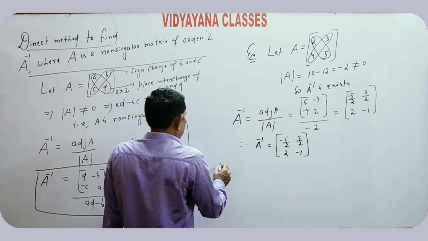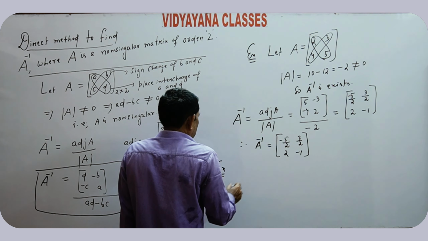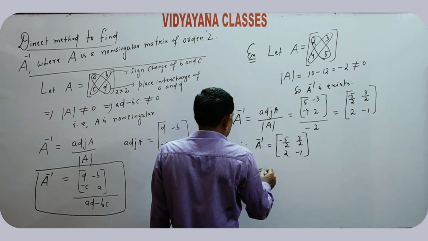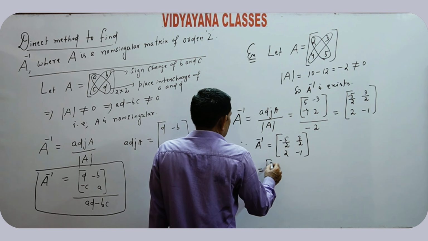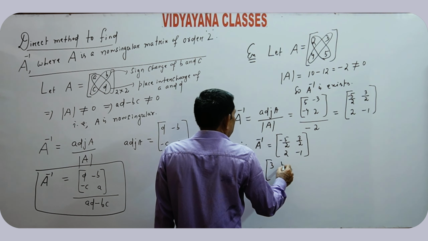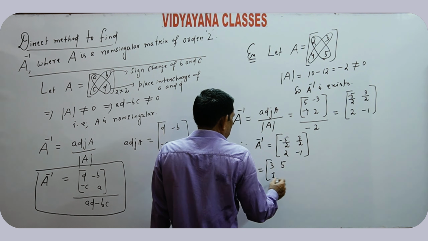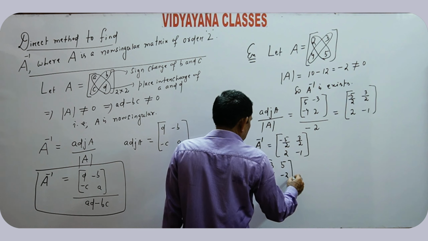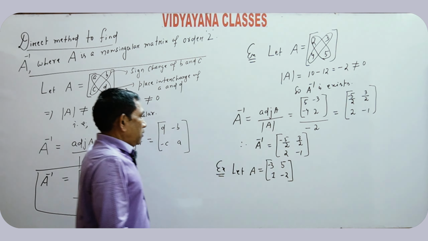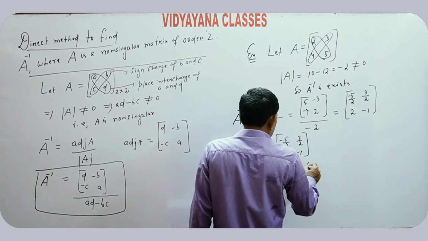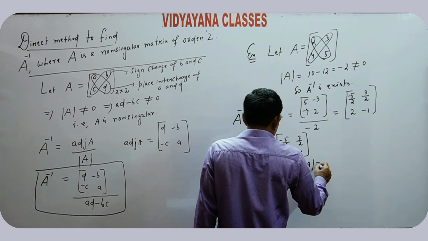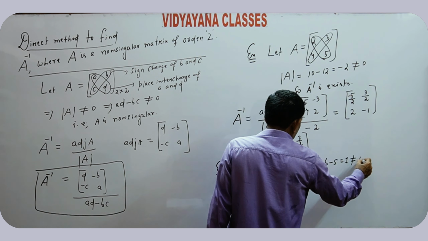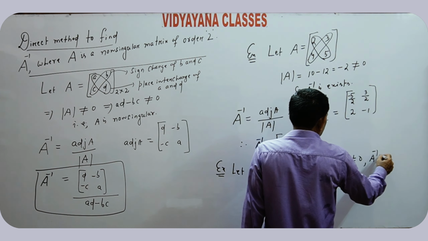Clear? Another example. Let A be the given matrix having elements 3, 5, 1 and 2. Suppose it is minus 3, minus 2. This implies A determinant is equal to 6 minus 5 equal to 1, not equal to 0. A inverse exists.